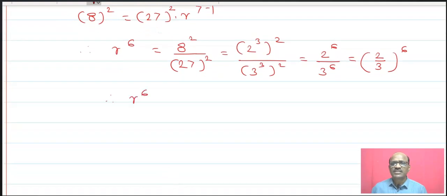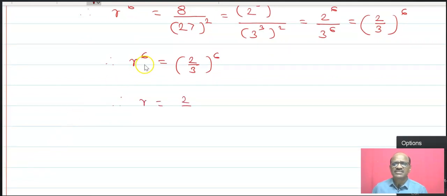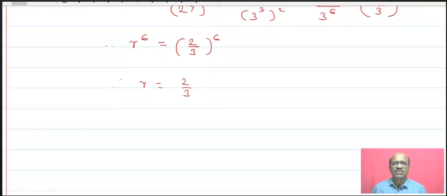This is the simple simplification, that is r raised to 6 is equal to 2 raised to 6 upon 3 raised to 6, and that is nothing but (2 upon 3) raised to 6, and that's why the value of r is equal to 2 upon 3.